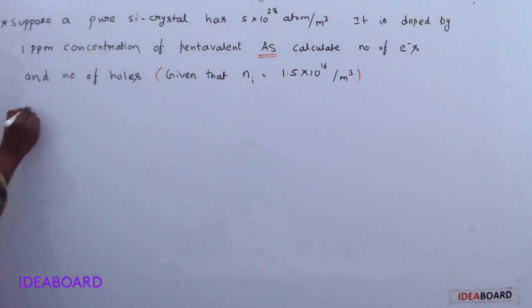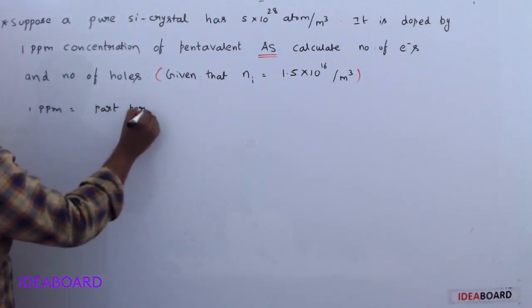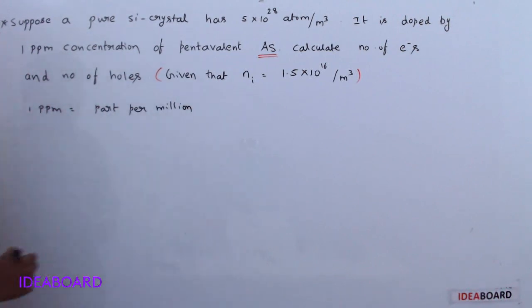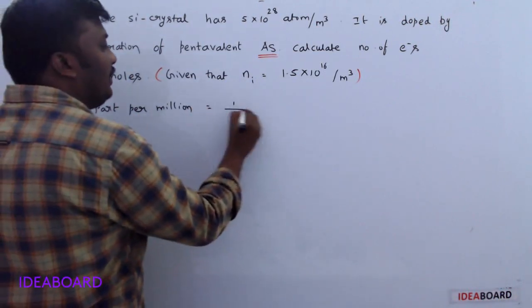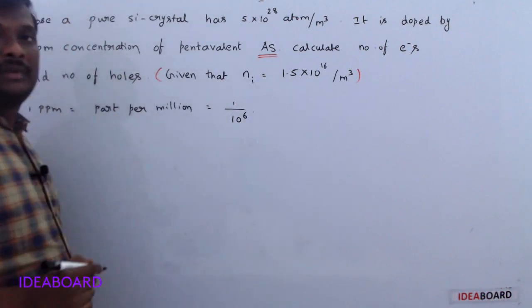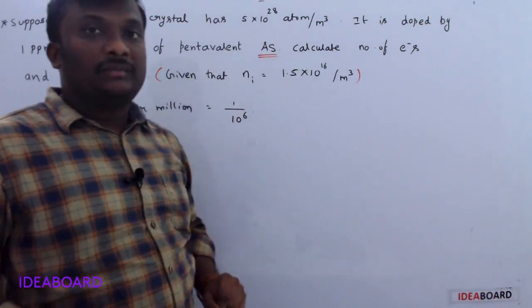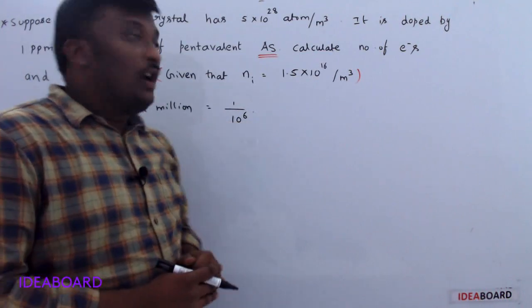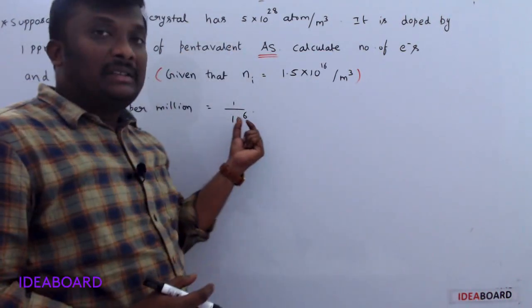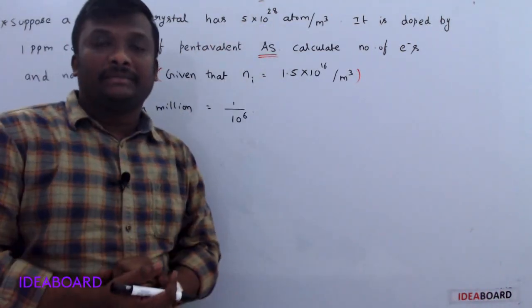So, what is ppm? ppm indicates parts per million. Million means 10^6. So per meter cube this number of atoms is present, and out of these atoms we add only 1 by 10^6 part of pentavalent impurity.